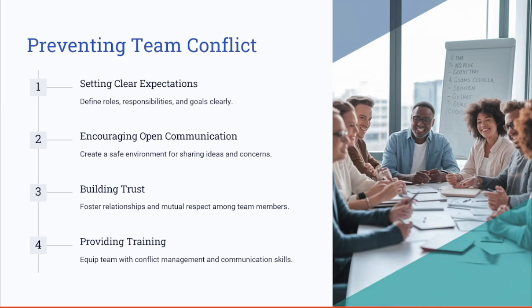So again, to prevent team conflicts, start by establishing clear expectations, ensure the team's alignment with the project goals and objectives, encourage open communication, build trust between your team members, and provide training for the team members who lack a certain skill in a certain area, which is causing them difficulties in understanding certain things and how to implement them. Sometimes that causes a conflict between them and the other team.